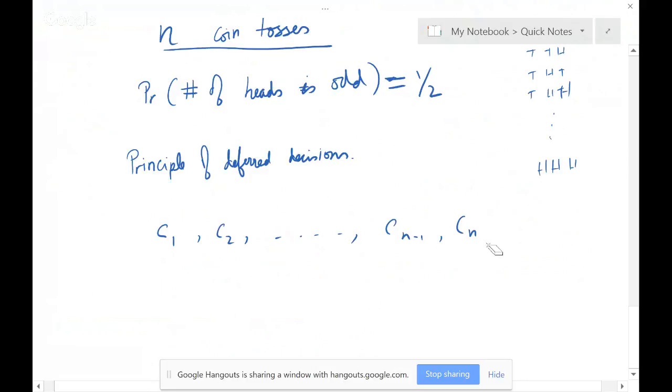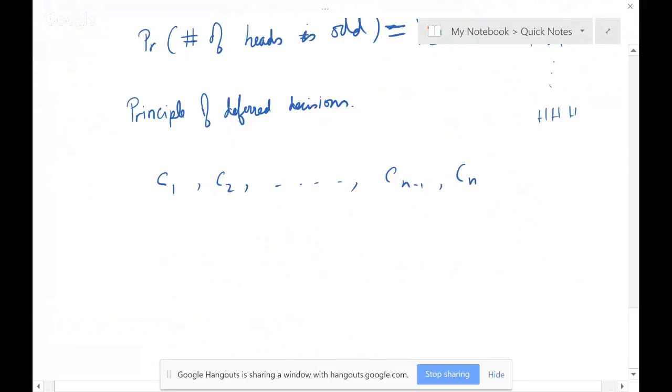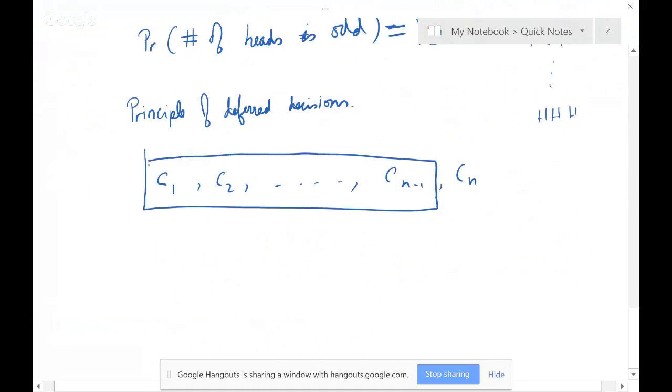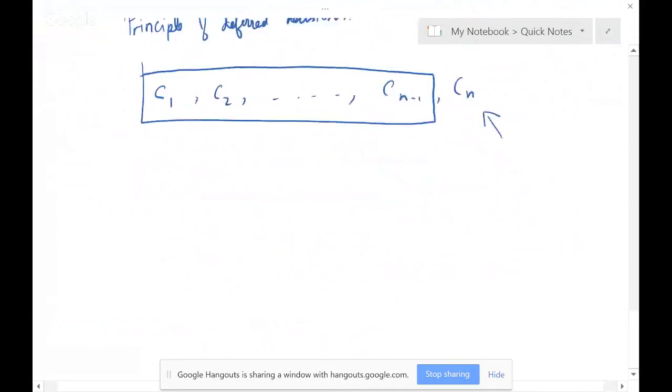We are going to assume that the first n-1 coin tosses are already done, and then we're going to focus our attention on Cn.